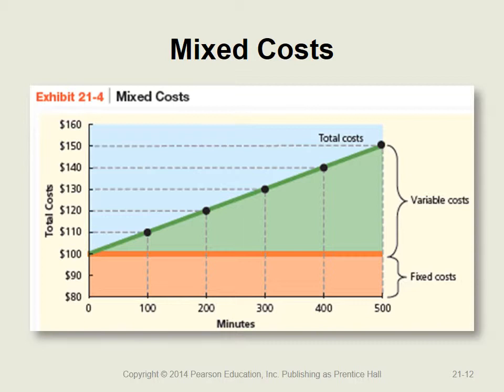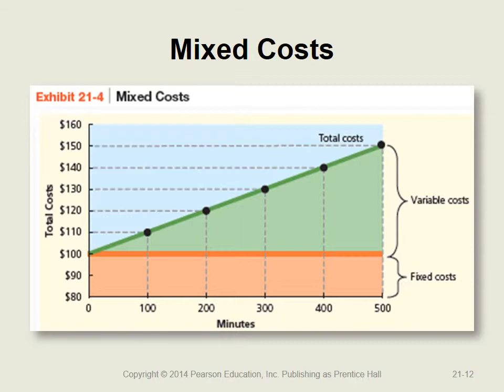Exhibit 21.4 graphs Smart Touch Learning's cell phone costs. It can separate its cell phone bill into fixed and variable components. The $100 monthly charge is a fixed cost because it is the same no matter how many minutes the company uses the cell phone. The 10 cents per minute charge is a variable cost that increases in direct proportion to the number of minutes used.